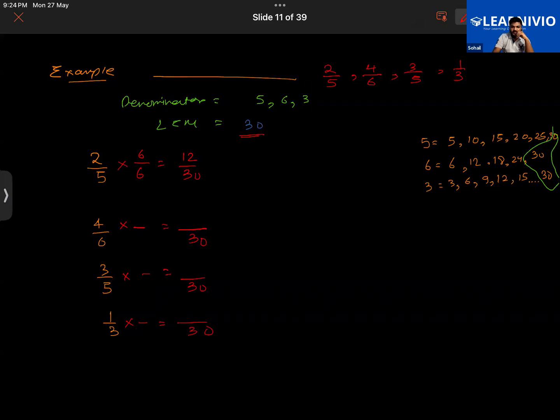Once we find out the equivalent fraction, then it will become easy. Just quickly, 6 has to be multiplied with which number in order to get 30? Just think of this now.